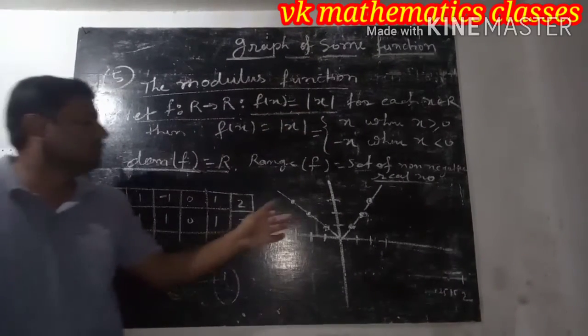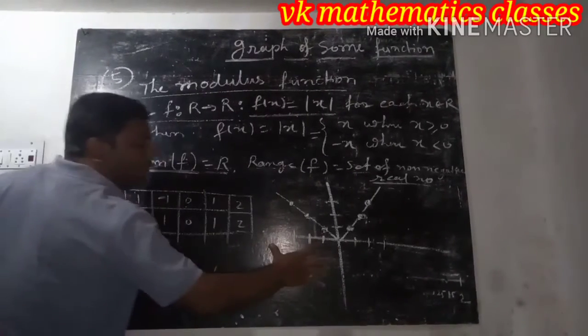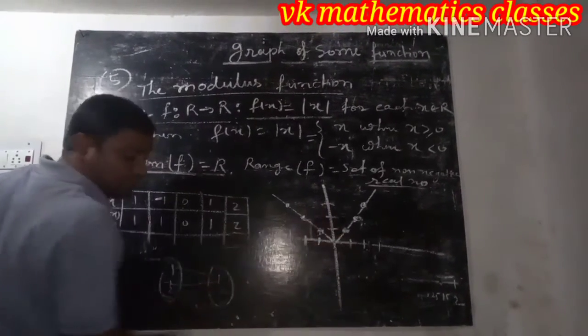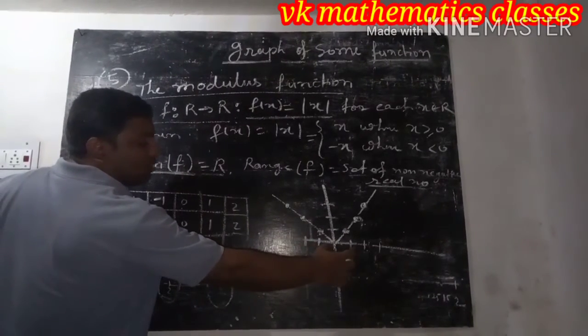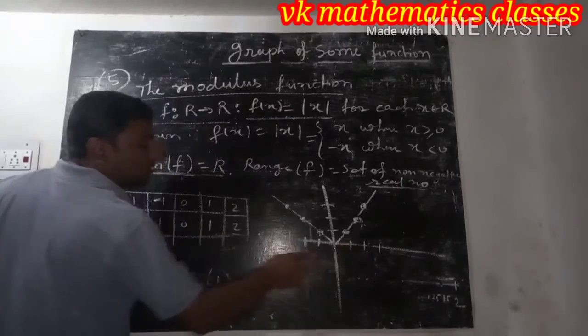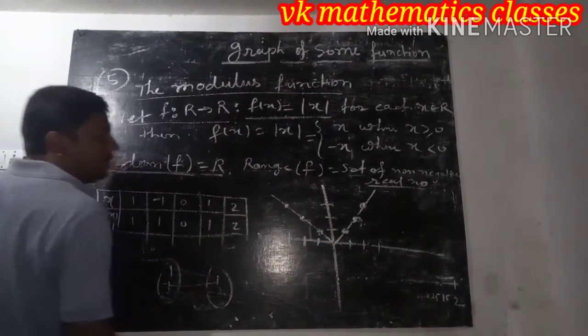Now the graph of this function. Now this is the x-axis and this is the y-axis. Here taking the points 1, -1, 1, 2, 3, -1, -2, upward plus and downward minus.